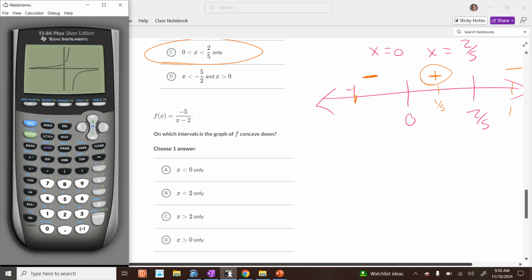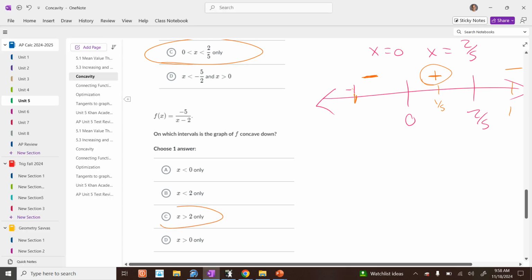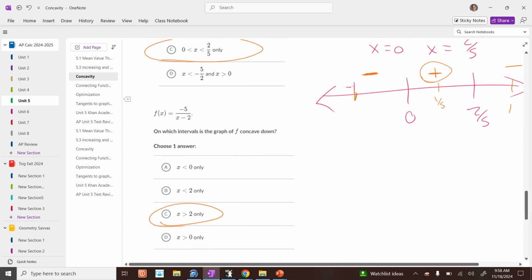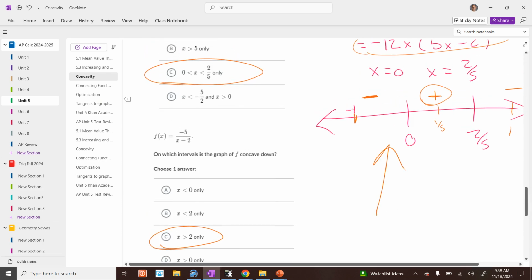Okay, here is concave up. It's filling up. Here is concave down. Looks like we have an asymptote at where? 2. So it's where it's bigger than 2. Sometimes looking at the graph is faster than going through all this work.